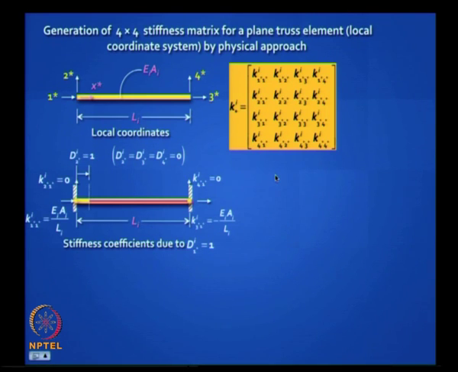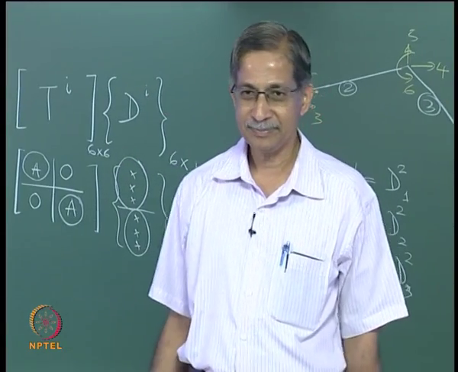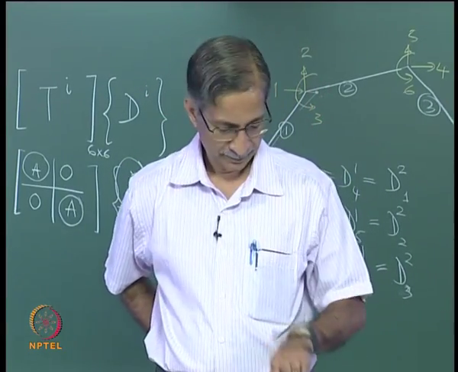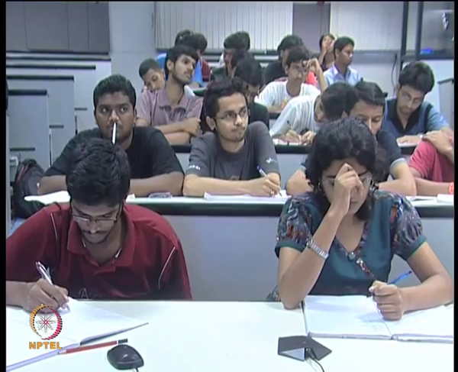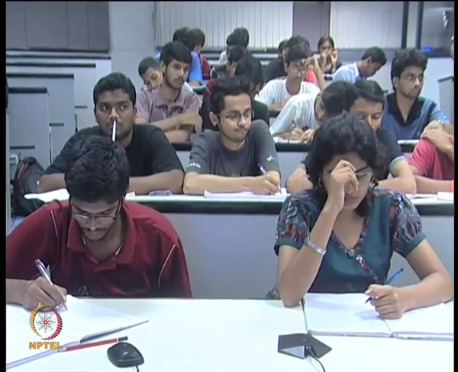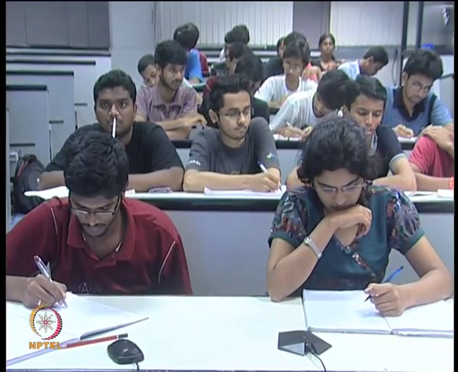Second column, what are the values? Can you first draw the sketch and tell me the values? This is interesting. It looks tough, but actually it's extremely easy. Can someone tell me the answers?